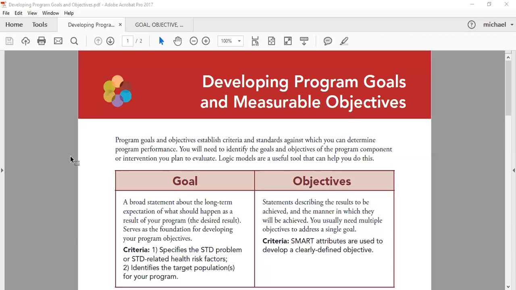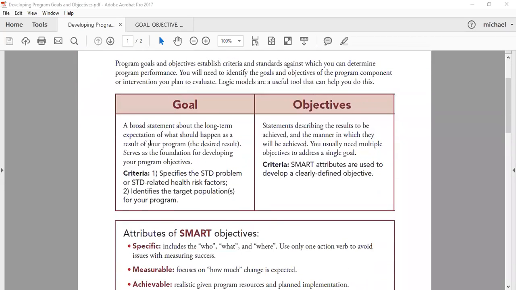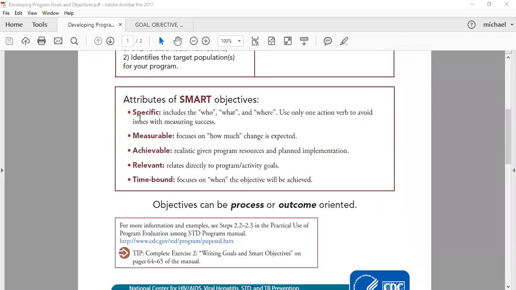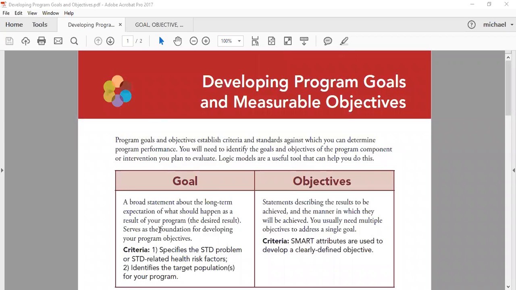Nate, I'm going to send this right here so we don't have to go over this. This is going to further break down what a goal is and what an objective is. I want you to go over this because we're meeting again Thursday, and the first part of Thursday is going to be an exam covering these issues. It's going to be a verbal exam.